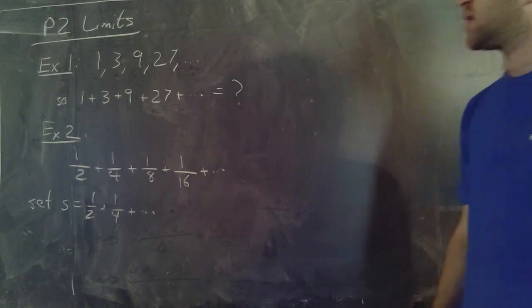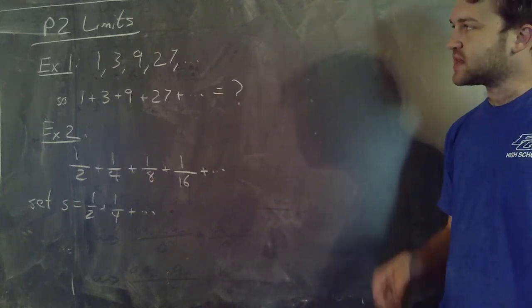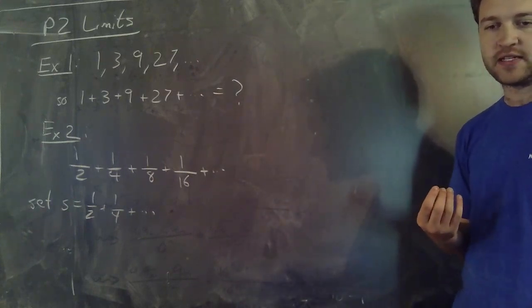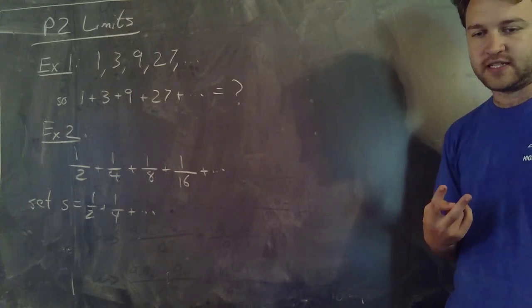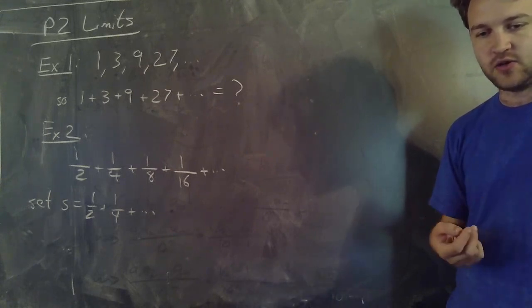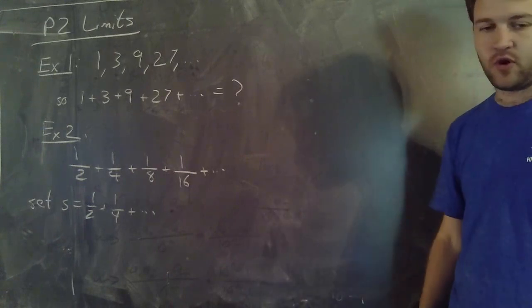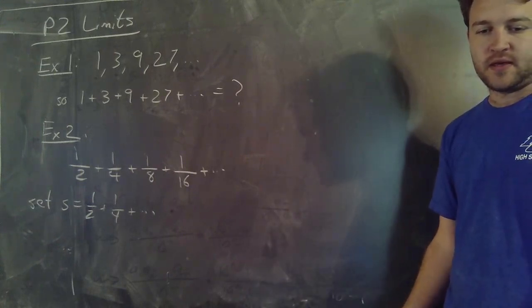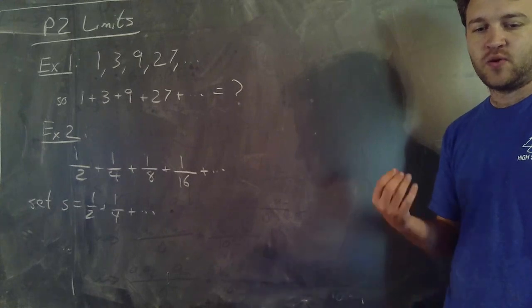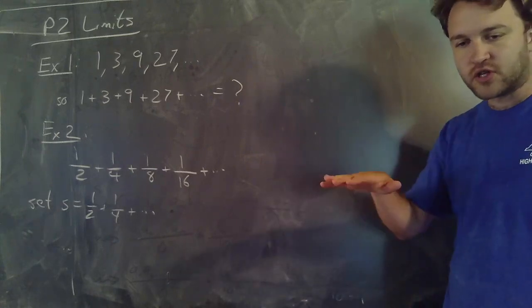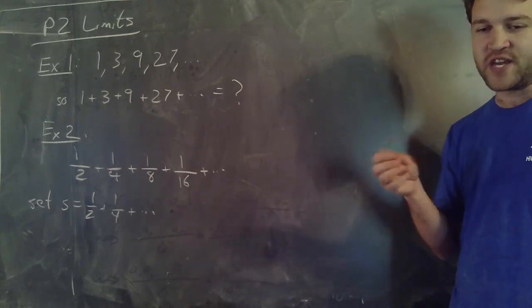So if you look at this type of sequence, we could have two different situations that happen here, and there's two other definitions we need to establish before we go forward. A sequence will either approach a number. It'll get really, really close to it.